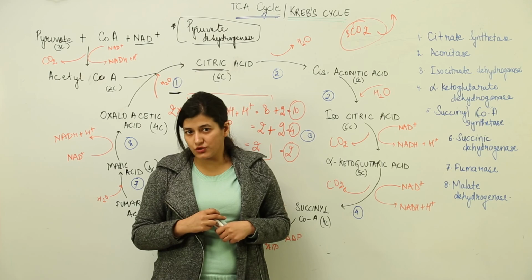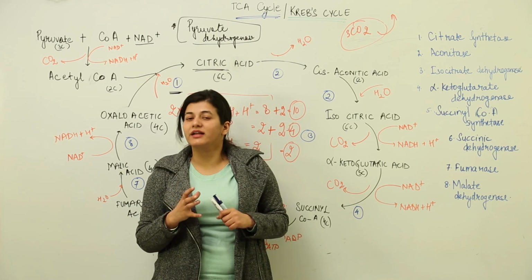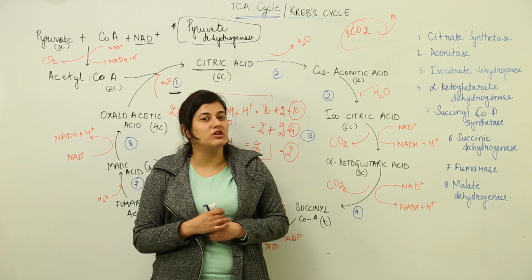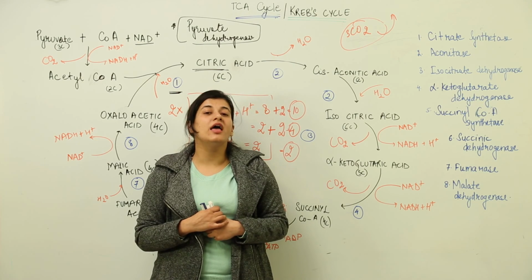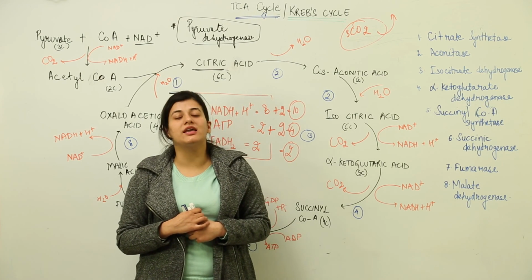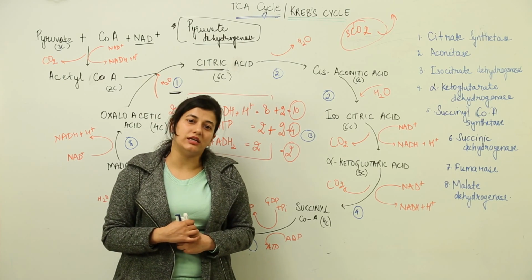There are 2 membranes, you know that. So the mitochondrial membrane would act as the site for ATP synthesis, and the usage of oxygen, when we say aerobic respiration is taking place, would be seen in ETS.